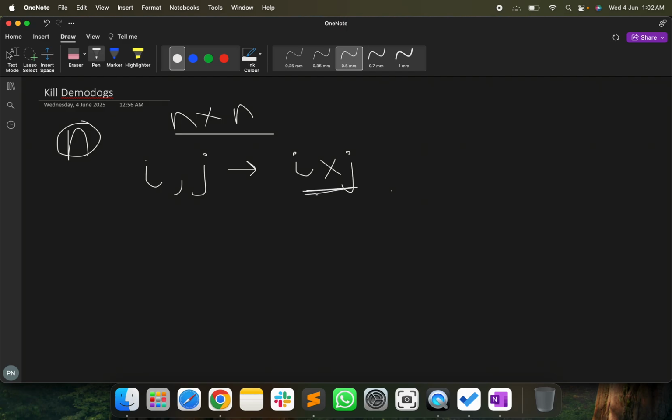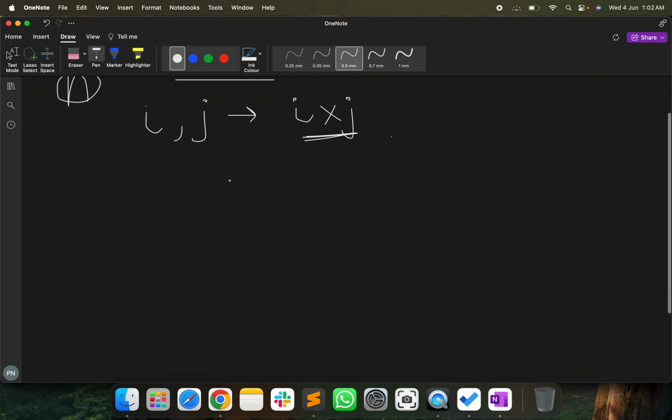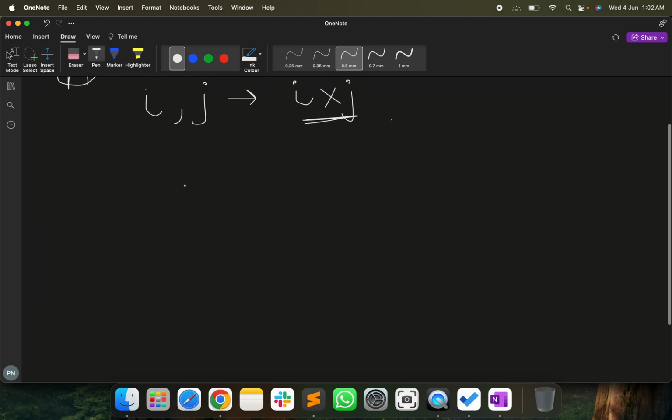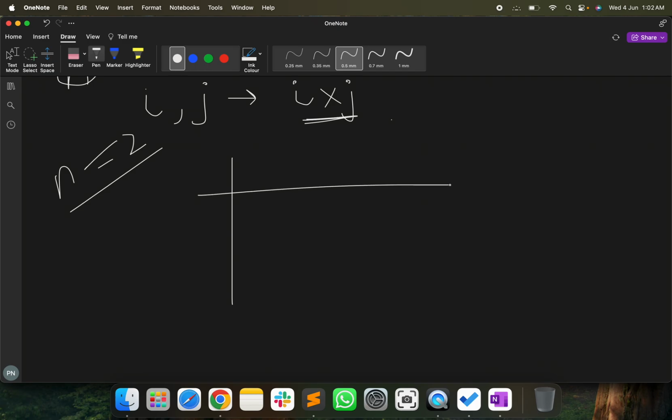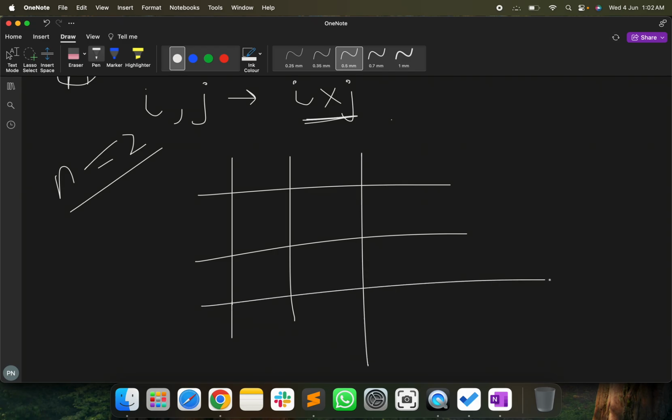Now I think we should first build a simple idea by starting with n equal to 2. We know the answer is 7 in this case because it was given in our test cases. Sorry for the bad diagram, but I think this might work.